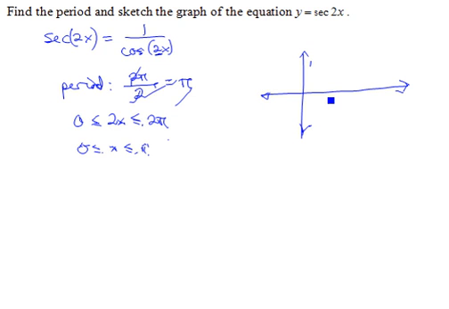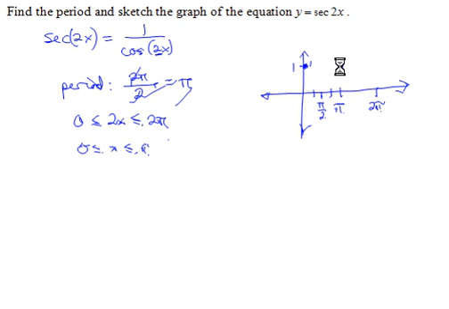I'll mark a pi here on my x-axis, and I'll mark 2 pi. I'm also going to divide this interval where one cycle occurs into 4 pieces. That of course gives pi over 4, pi over 2 is the middle, 3 pi over 4, and pi. And the cycle for the cosine will have a max of 1, and that will occur at the left end point for this interval we found.